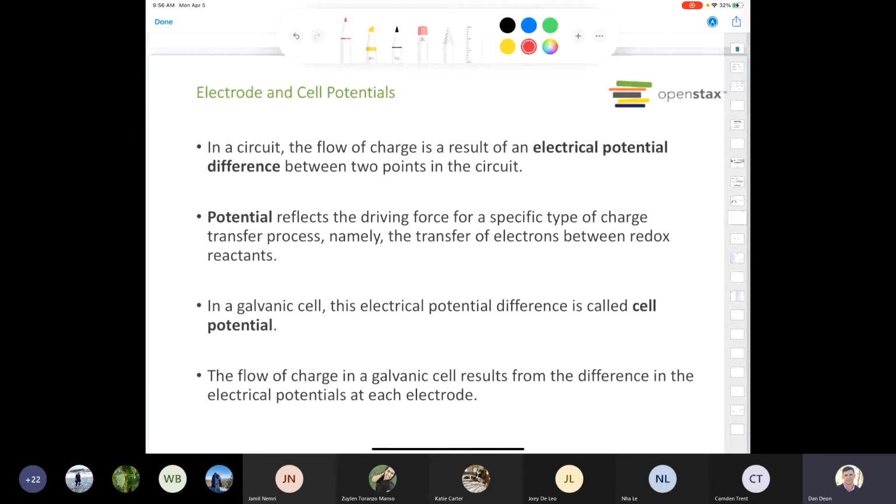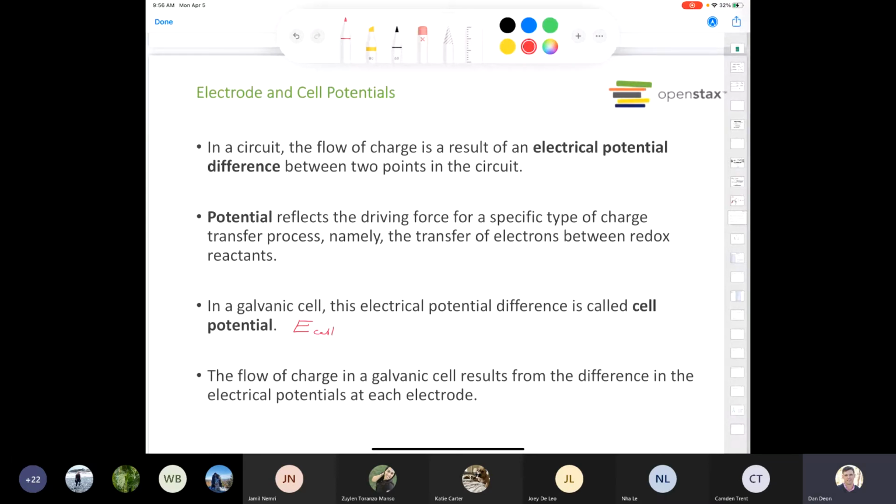So the electrical potential that we're going to measure reflects the driving force for a specific type of charge transfer process. Here we're talking about the flow of electrons between reactants. When we take a galvanic cell and measure that potential difference, we call that a cell potential, which we call E cell, like that.